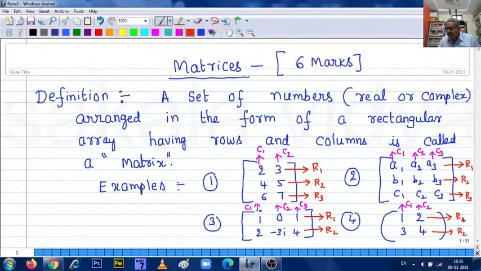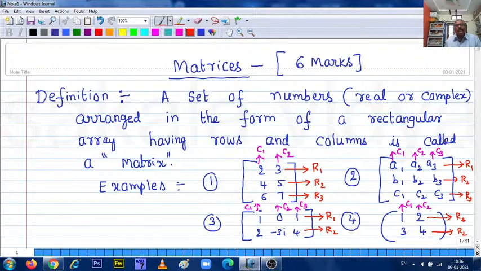Now I ask you one question. How do you count rows and how do you count columns? See, rows are counted like this: first row, second row, third row, from top to bottom. Columns are counted from left to right: 1, 2.